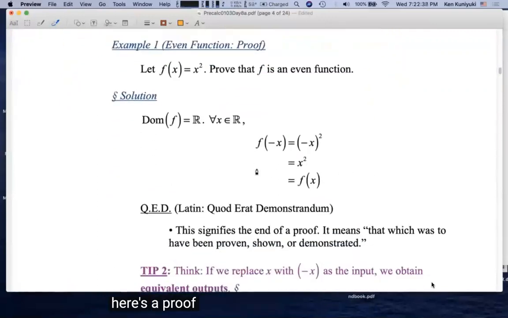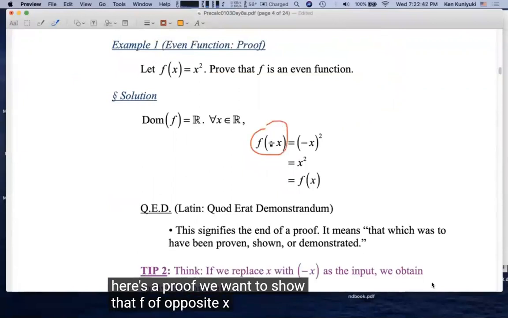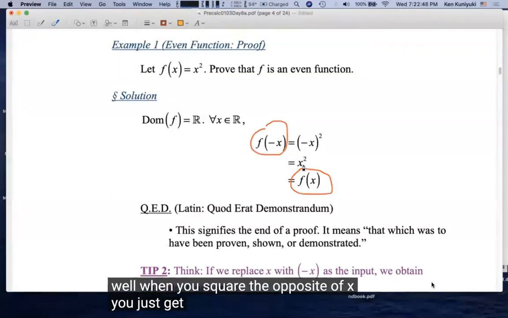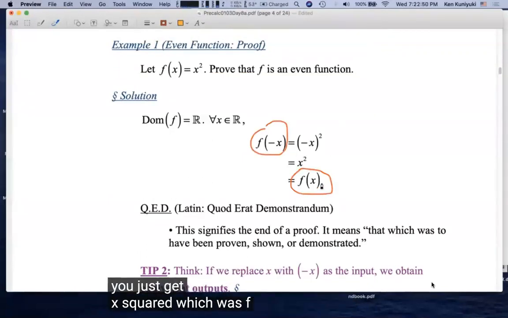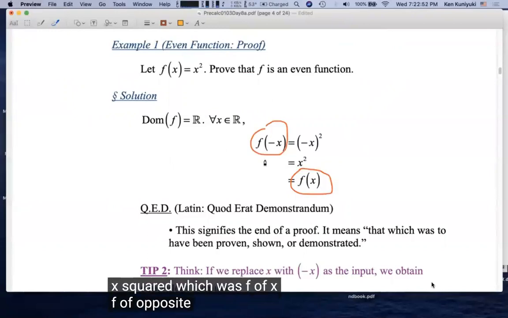Here's a proof. We want to show that f(-x) equals f(x). Well, when you square the opposite of x, you just get x squared, which was f(x). f(-x) equals f(x) for all x in the reals, which is symmetric about 0.